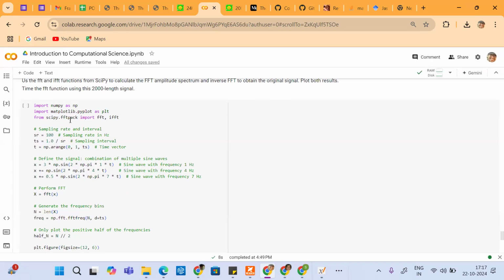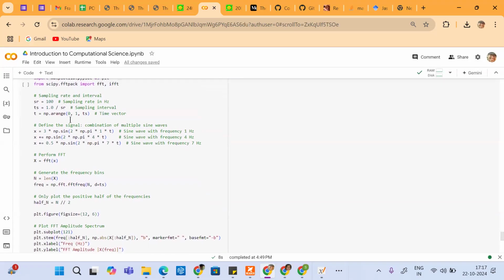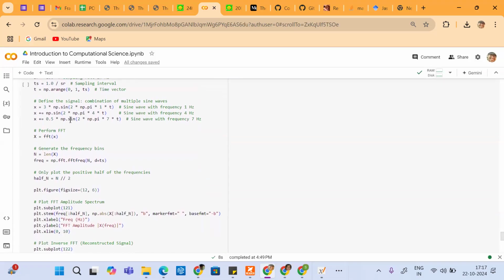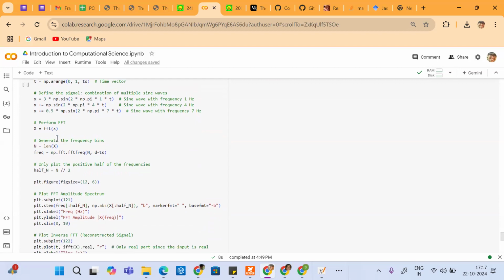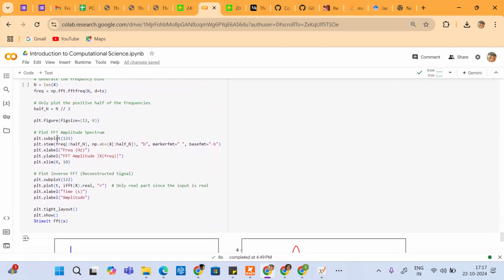And if you want to perform FFT in Python, just like SVD takes data input, similarly you call FFT on X. X is a lot of these signals, and you are doing FFT of X, that's it. So I'm plotting them up.